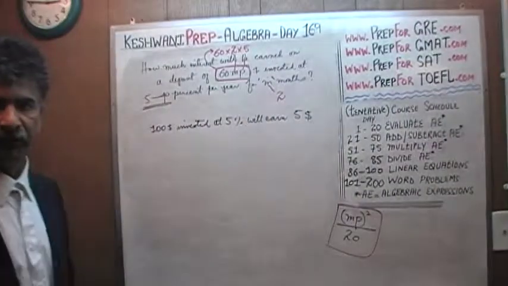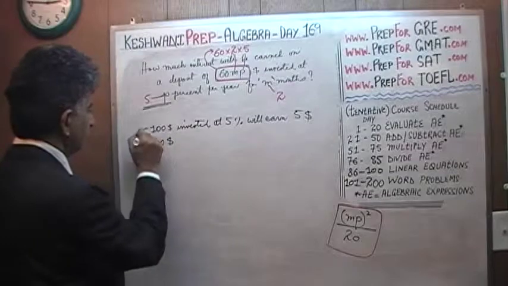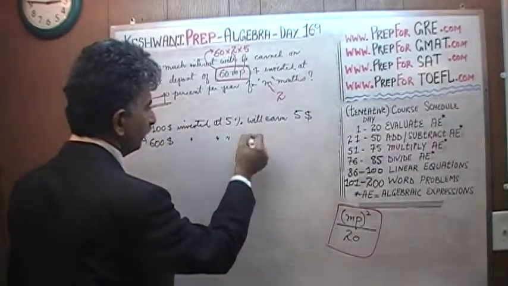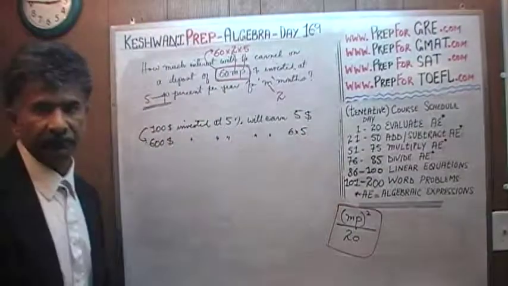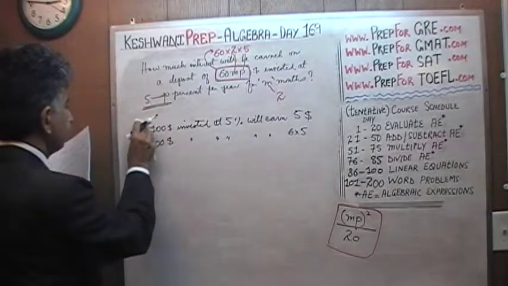That's why it's called 5%. Therefore, if you were to invest $600, 6 times the amount of money invested at 5%, should earn 6 times 5, $30, which makes sense because 30 is 5% of 600.